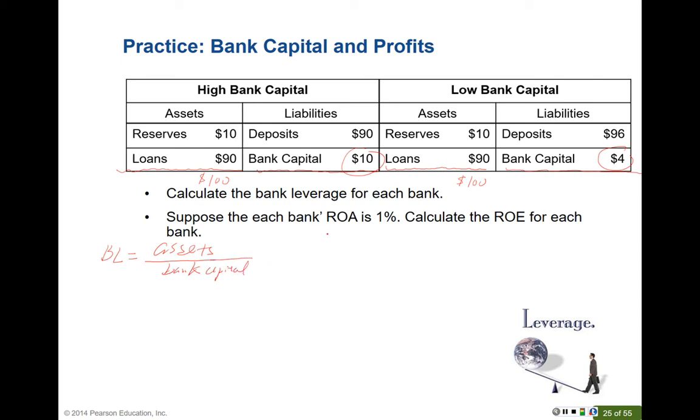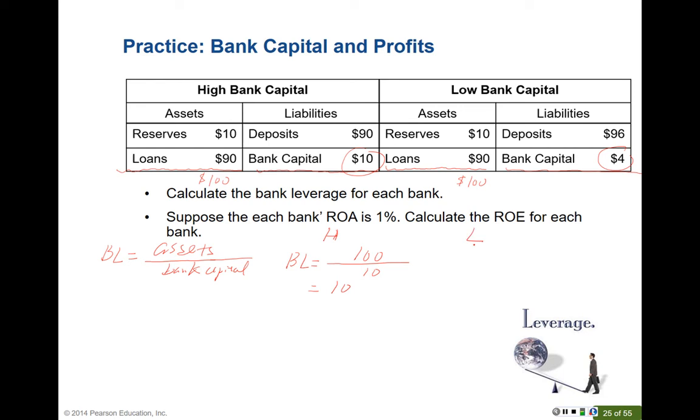We use H to represent the high bank capital. For the high bank capital, bank leverage equals the total asset, $100, divided by bank capital, 10. So for the high capital bank, the bank leverage is 10.